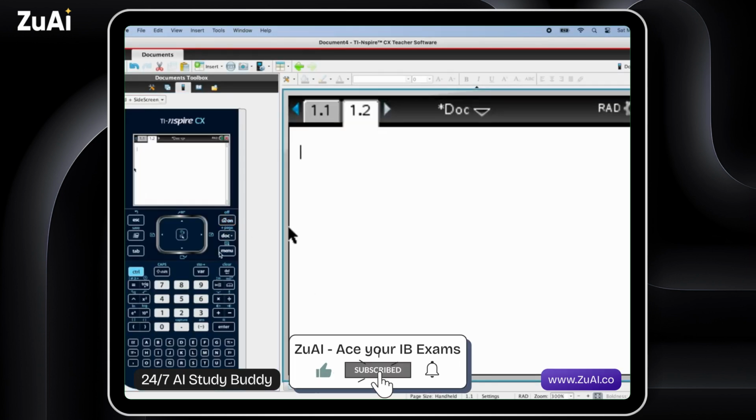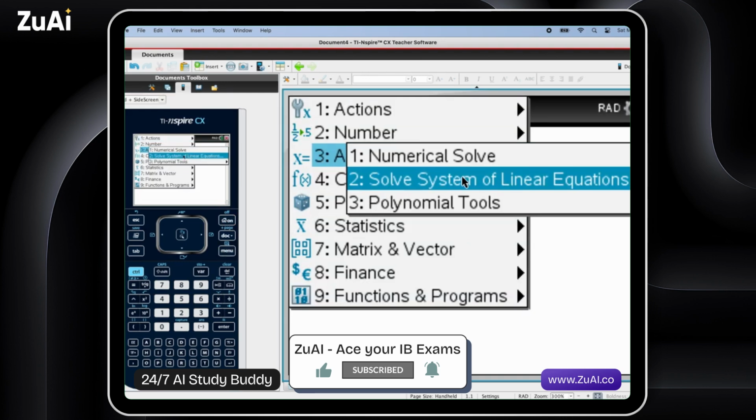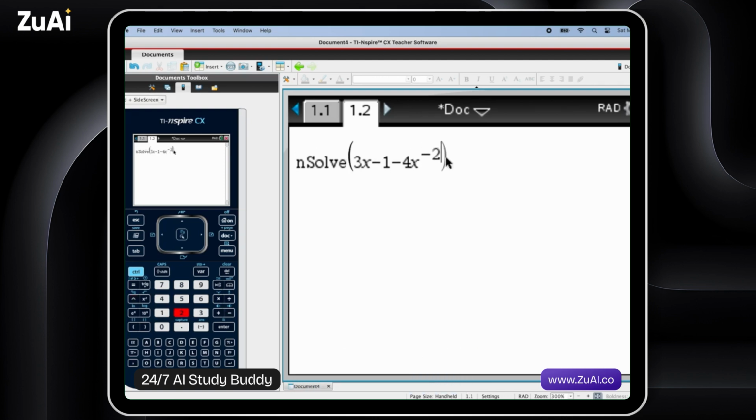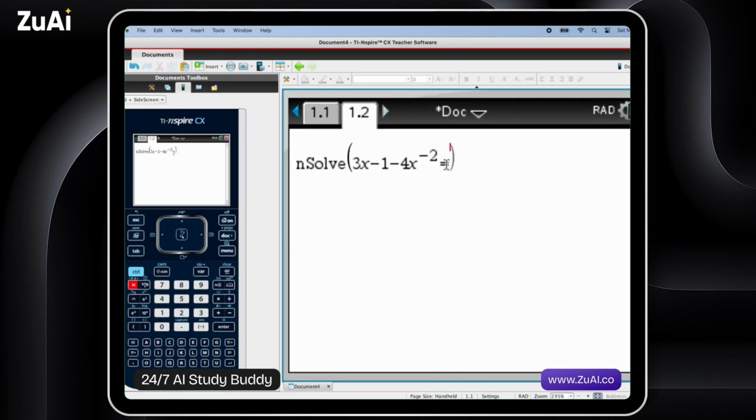Menu, algebra, numerical solve. And so we have 3x minus 1 minus 4x to the negative 2, and this should equal 4 times 1.5 raised to the power of x minus 9. Then we want to solve for x.